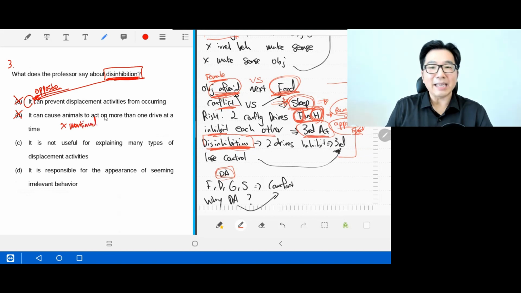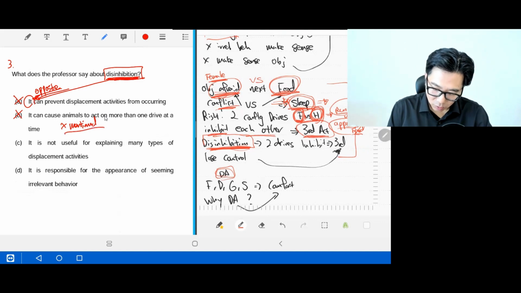So what this is saying is, if you have two drives, the animal can take two actions, not just one. Or if the animal has three drives, maybe the animal acts based on two drives or three drives. So it is totally wrong.